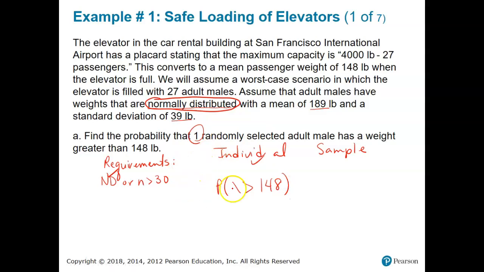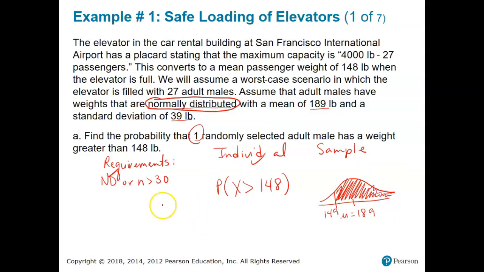We know that to do this, we're going to sketch this out. Males have a mean weight of 189, so 148 is going to be back here. We want greater than, so it's going to be this part here.